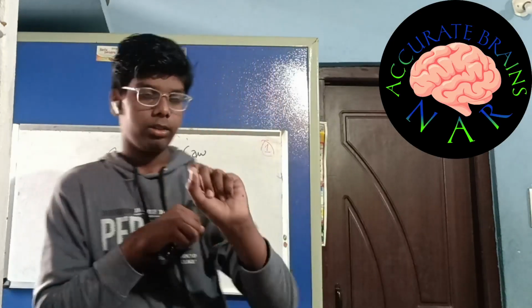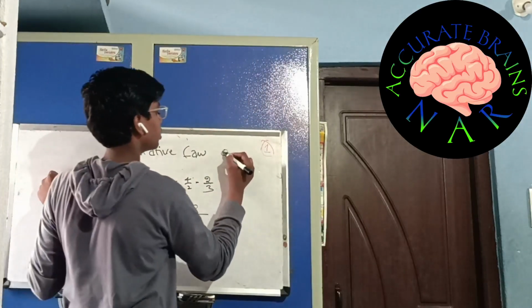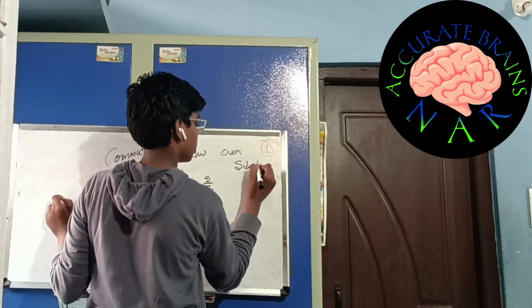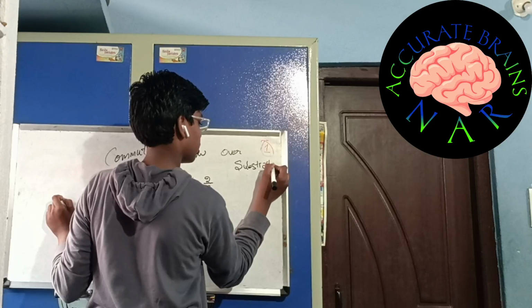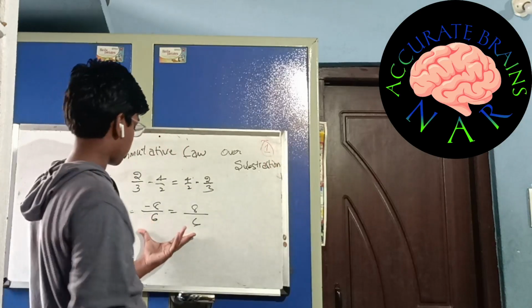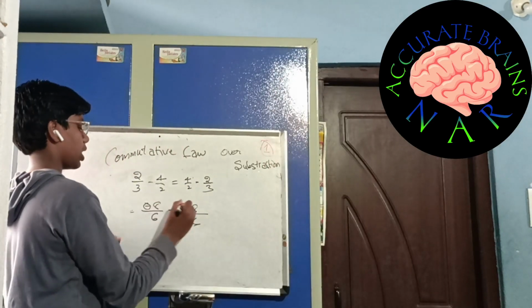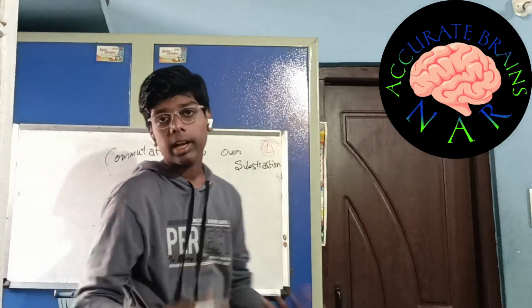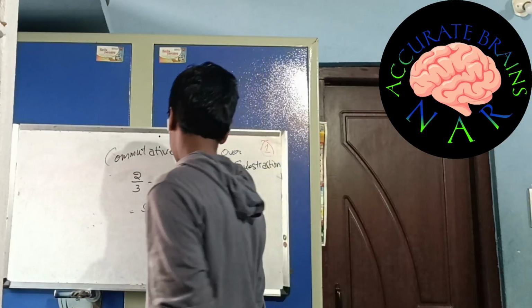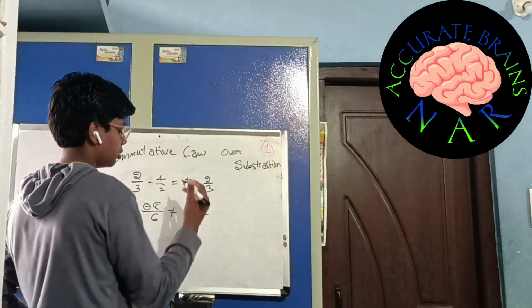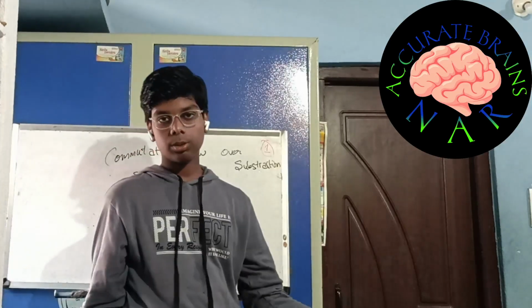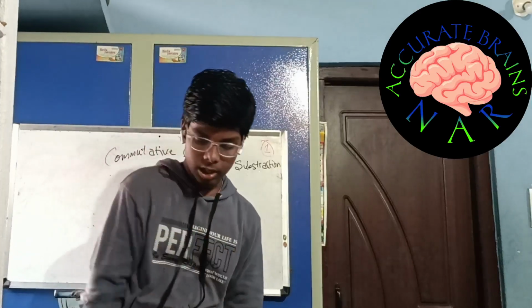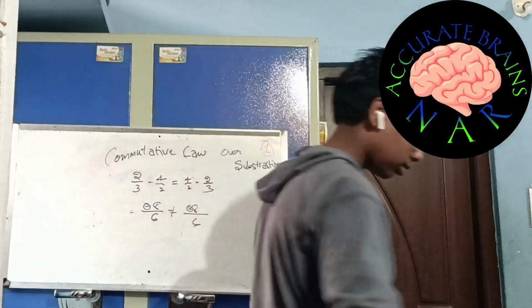In the commutative law over subtraction, we get the signs different. This will be plus and this will be minus. So minus 8 by 6 is not equal to 8 by 6. So commutative law is not satisfied over subtraction of rational numbers.